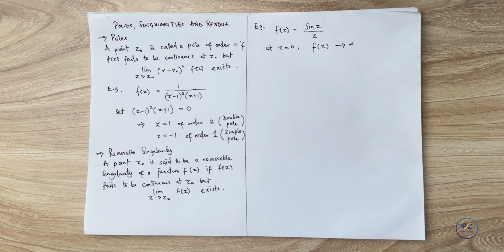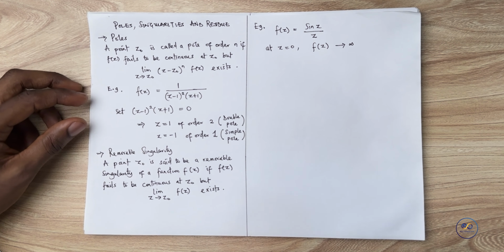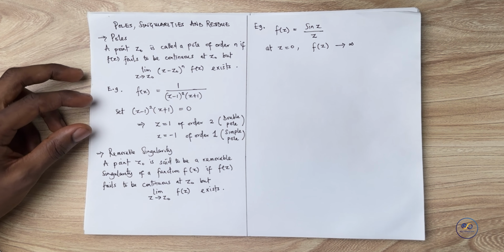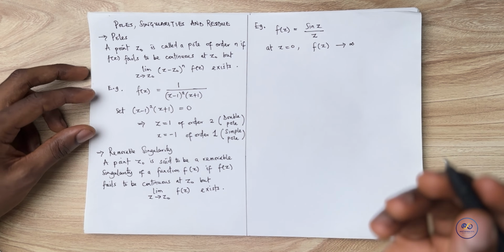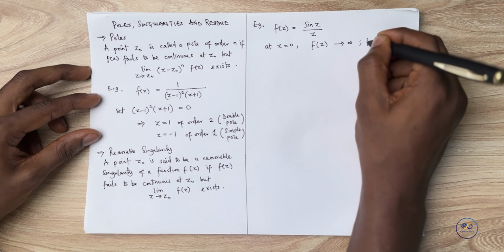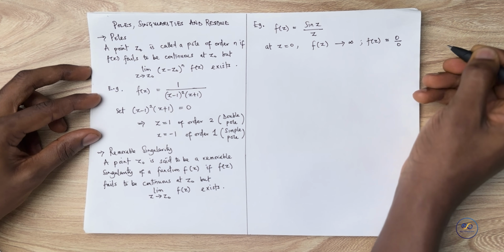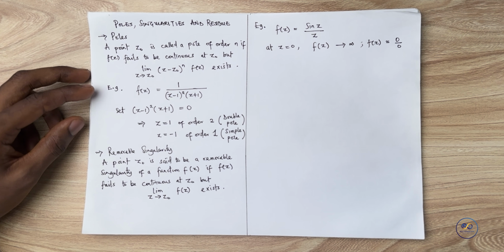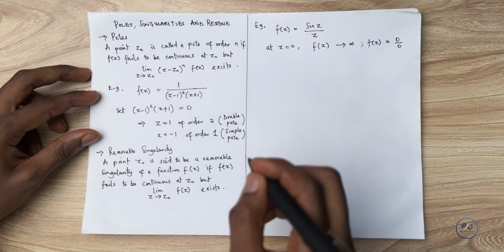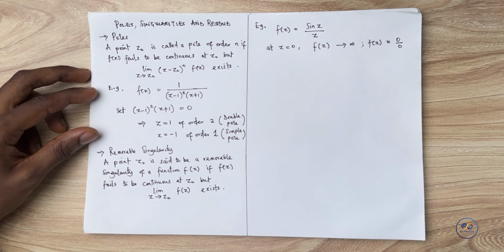If you want to be more specific, you could say that f of z would be 0 divided by 0. Now, if this is what happens at z equal to 0, what then would be the value of the limit?